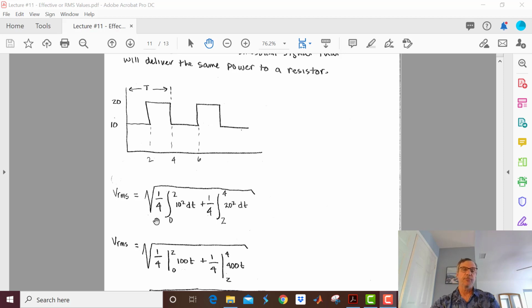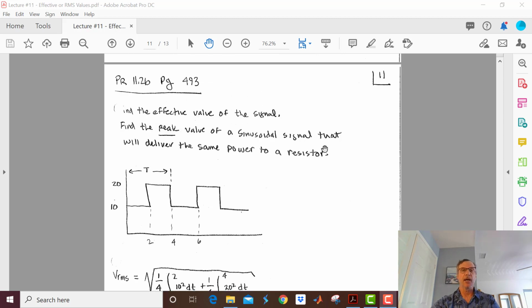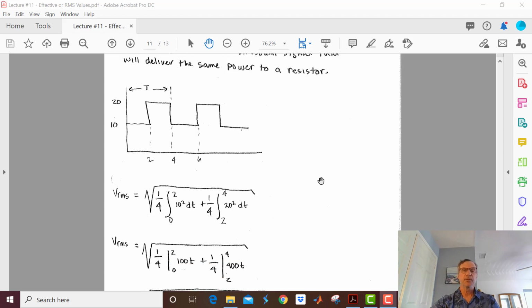I'll start off with my 1 over T, which is 1 over 4, and I'll integrate the portion of it that is 10 units high, and integrate, of course, from 0 to 2. And then I will integrate the portion that is 20 units high. And hey, look at this.